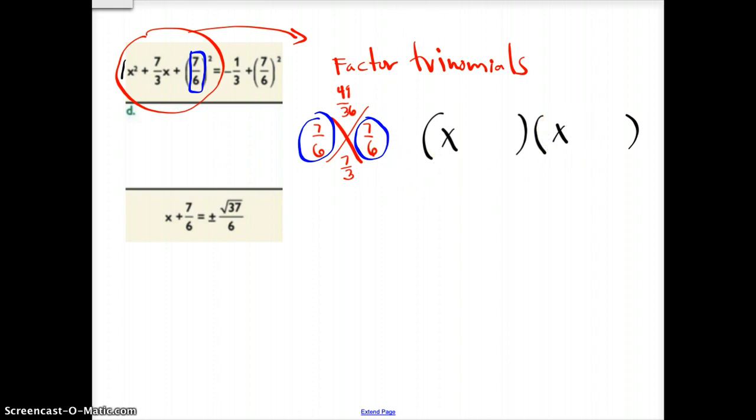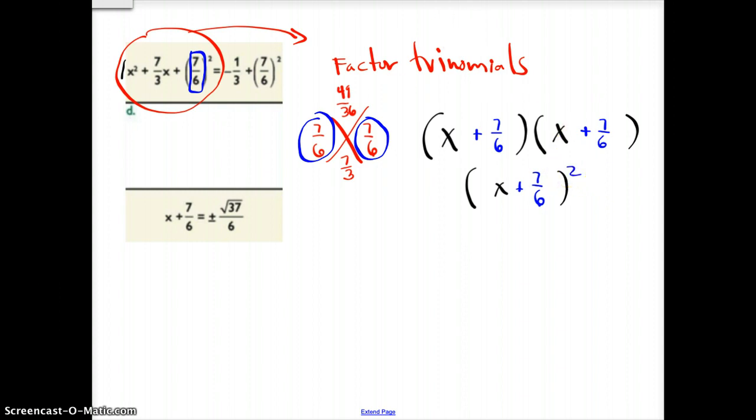So we'll have 2 x's, and then I'll have the 7 over 6 here, plus 7 over 6, plus 7 over 6. Since they are repeated, it can be written down once. And we'll have x plus 7 over 6, and since they are exactly the same, we can square it.